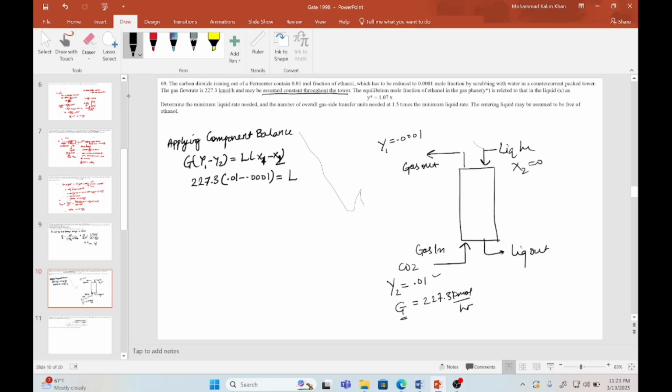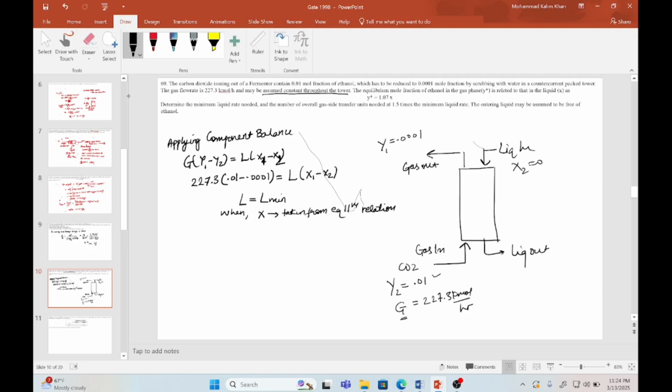Now always remember, L is equal to L minimum when x is taken from the equilibrium relation.